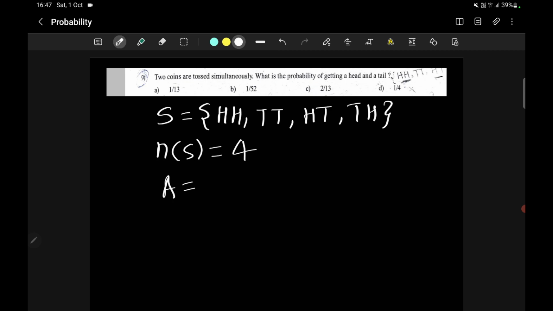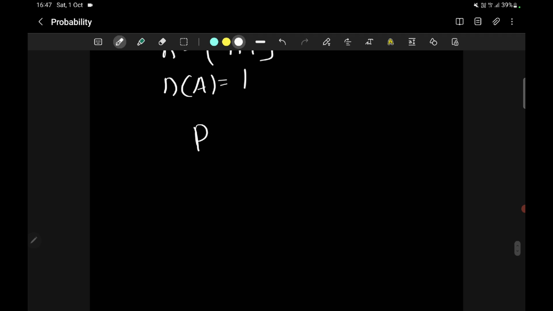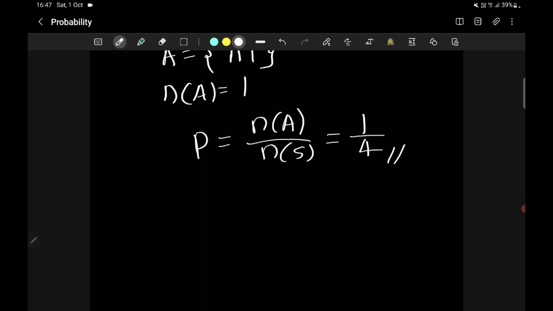The probability of getting a head and a tail. Here sequence matters, therefore the events will be head and tail. Therefore number of events is equal to 1. Then probability will be number of events divided by number of sample space. This will be 1 divided by 4.